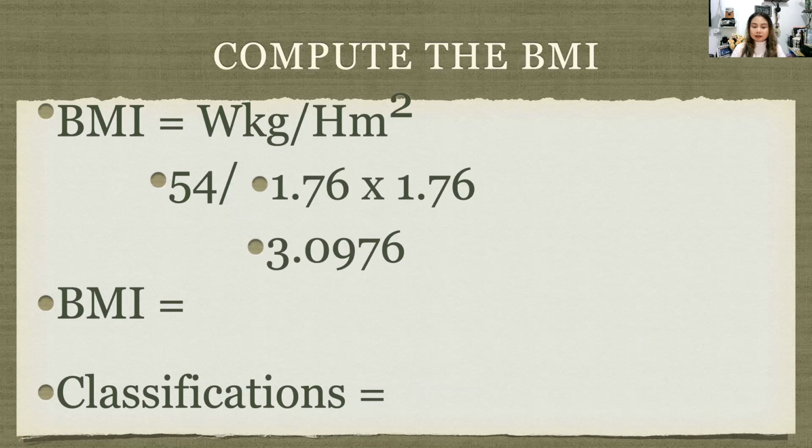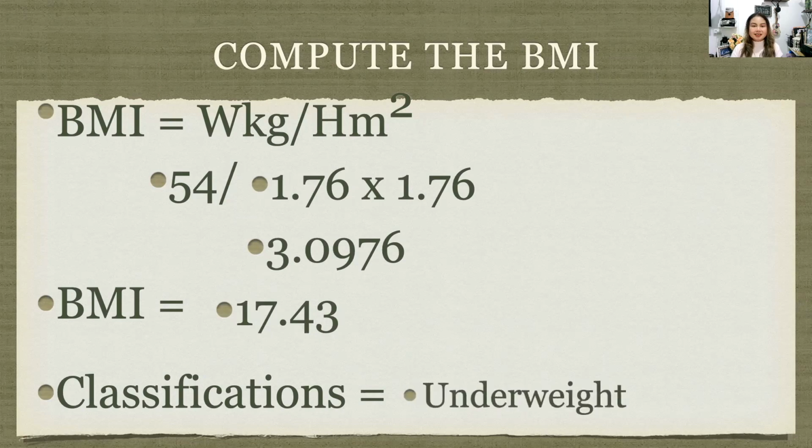Since we are using a calculator, in order to have an accurate number, we have to keep the 4 digits. Now divide 54 by 3.0976, and that gives you 17.43. So what is the classification of 17.43? Yes, it belongs to underweight.